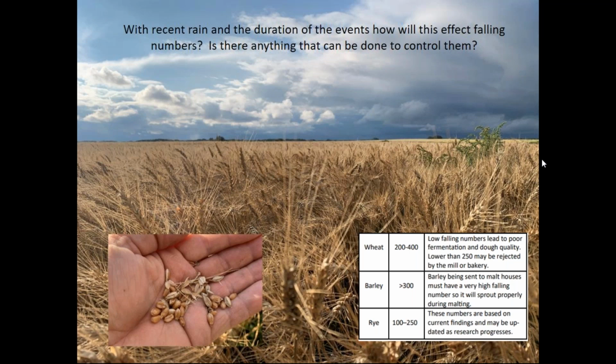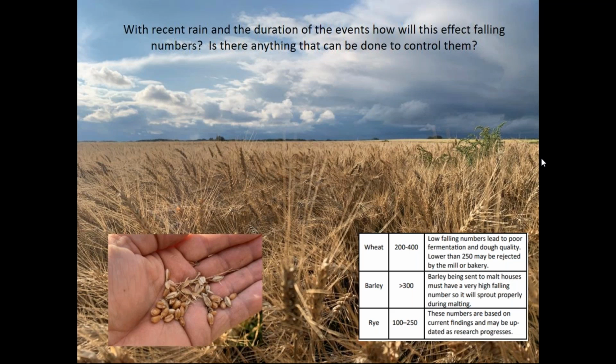Okay, so the reason falling numbers are a concern is because the seed can degrade quickly once the seed breaks dormancy and begins to sprout in the head. That's the issue that farmers are concerned with right now. When that sprouting occurs, the alpha amylase enzyme begins to break down starch into simple sugars.